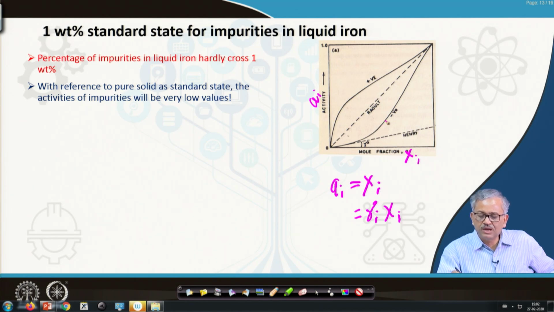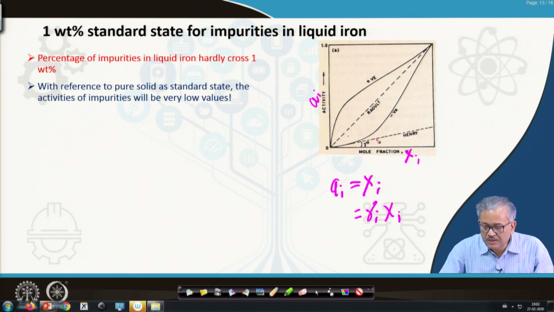In this case, gamma is continuously changing with composition. But in this range, you can say gamma is constant in infinite dilute solution, and it is called the Henry's law activity coefficient, right.